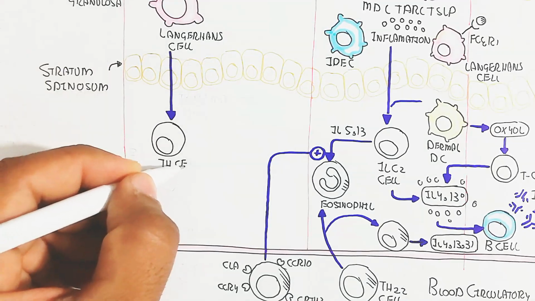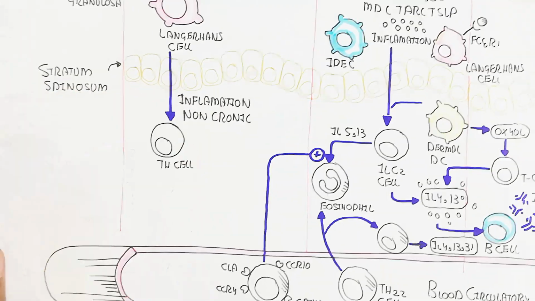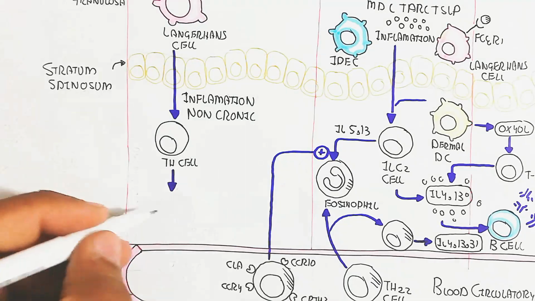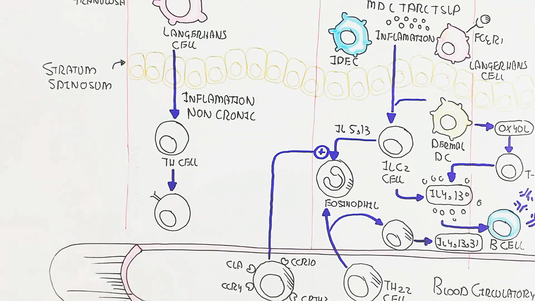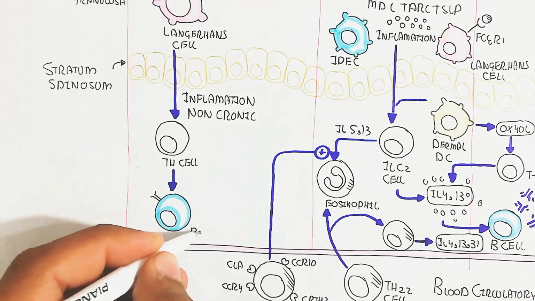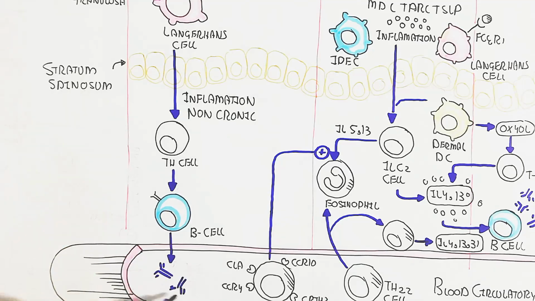But for normal, healthy skin, inflammation is possible, but when non-chronic inflammation occurs, the T helper cell will activate the B cell to produce IgE, and this IgE will bind with the Fc receptor of the mast cell.